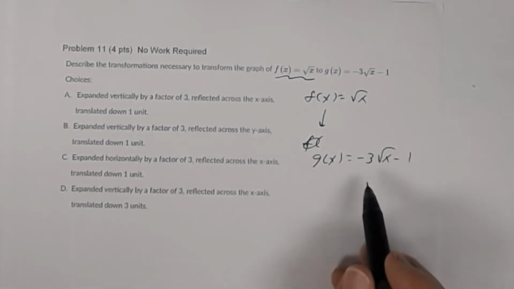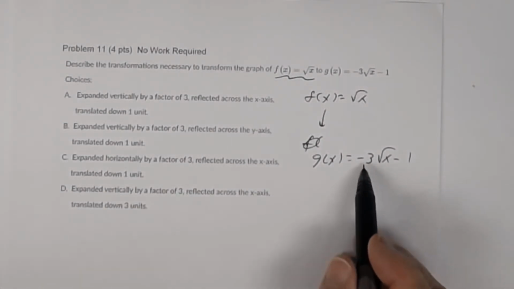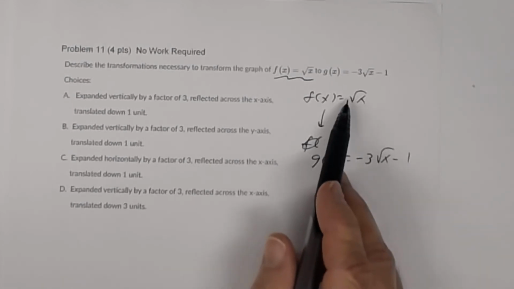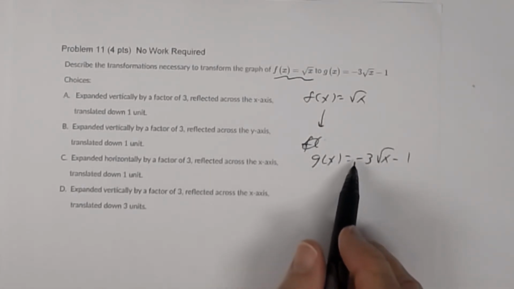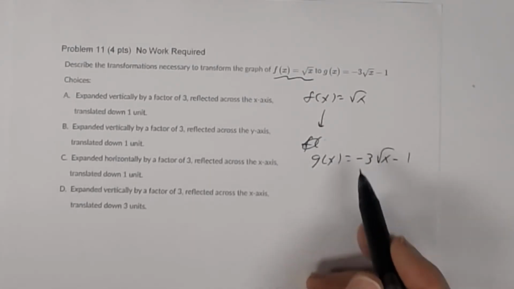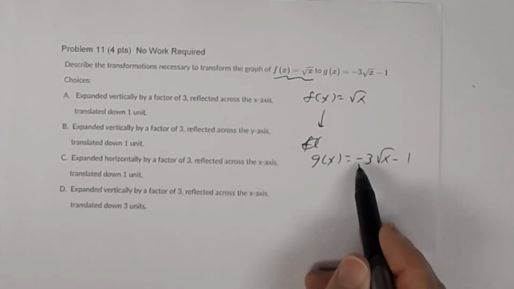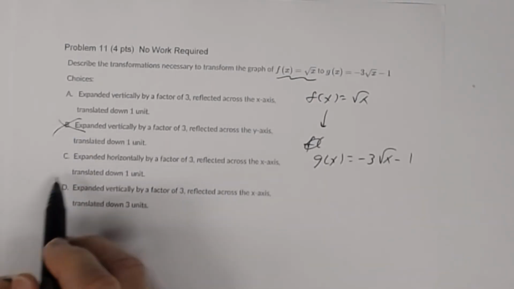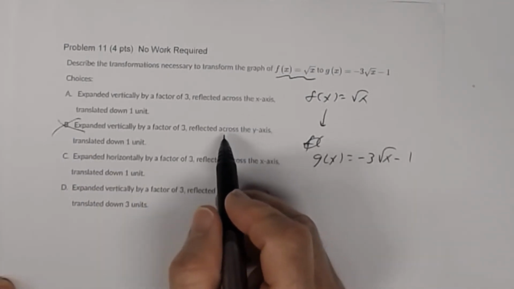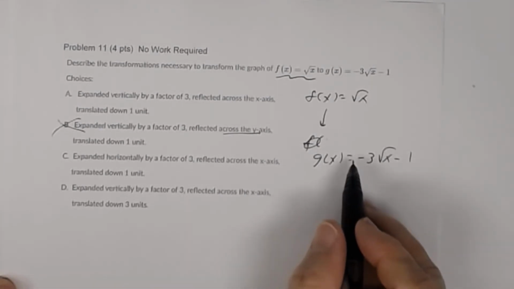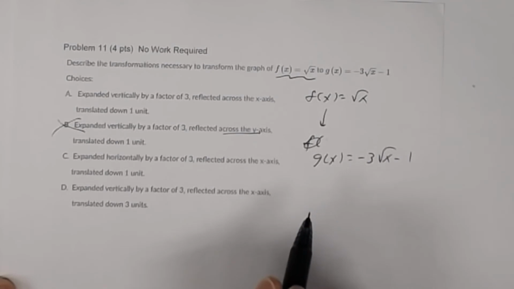Okay, so keep in mind what this negative right here means. So since the negative is on the outside of my parent function, that's a reflection about the x-axis. Okay, so that part, so right away we can eliminate letter B, right? Because it's not reflected about the y-axis, it's reflected about the x-axis, since it's on the outside of your parent function.